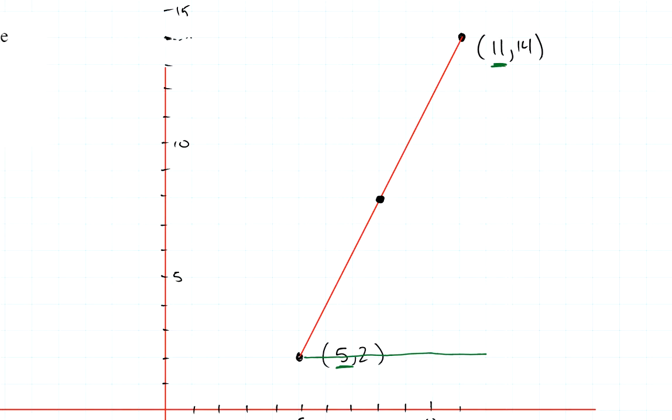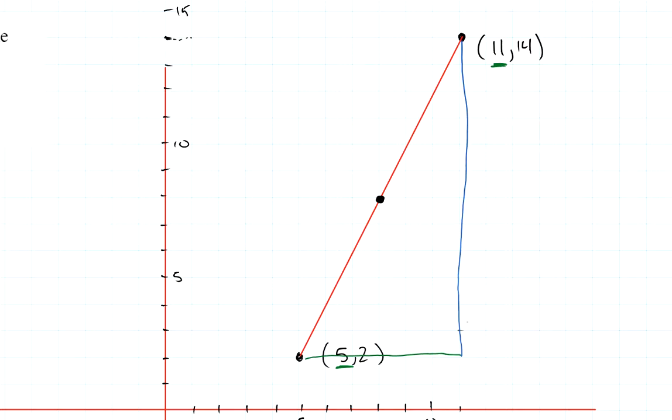And as I travel from y is 2 all the way up, that's a change of 12 units.